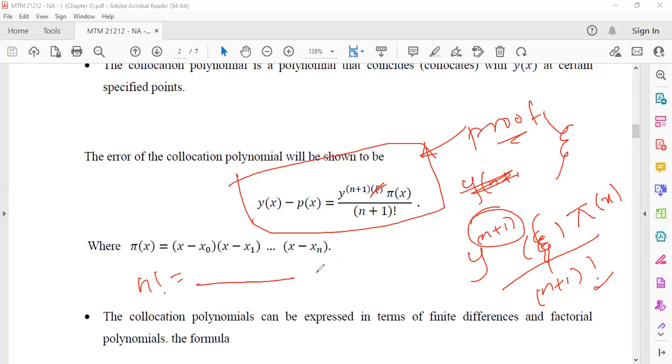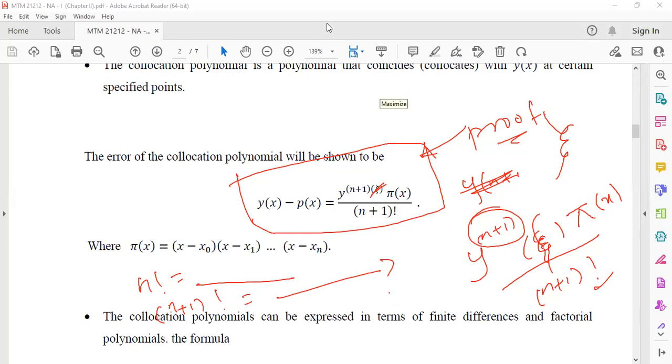I wrote the formula for n factorial, as well as (n+1) factorial.